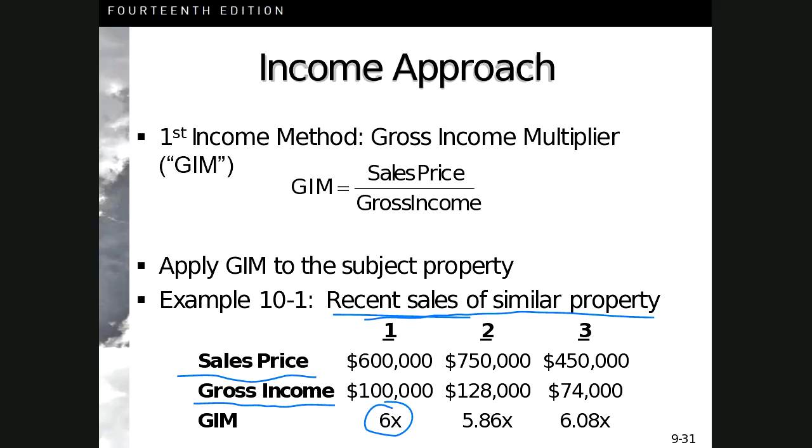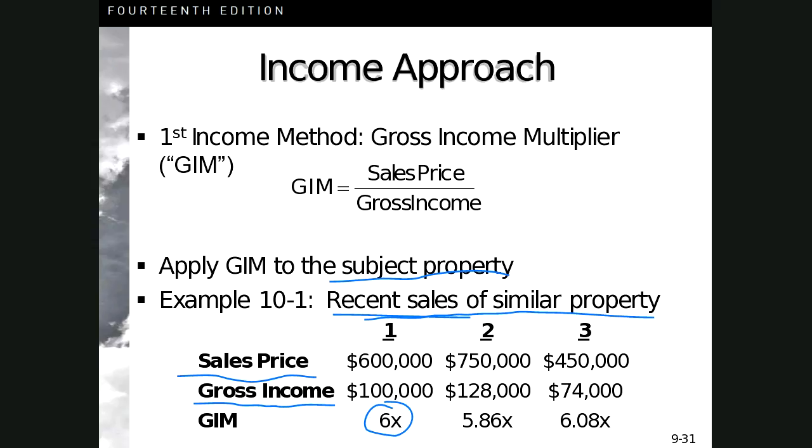Then what are you going to use for the subject property? GIM uses a projection of growth over time, like the growth rate in fixed income instruments.